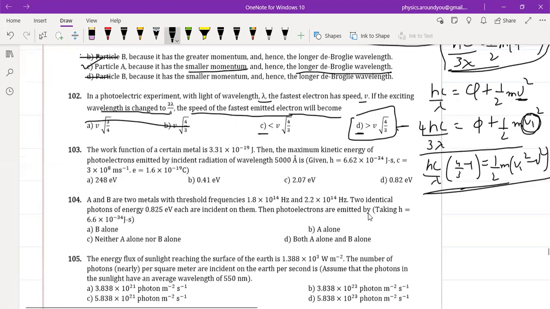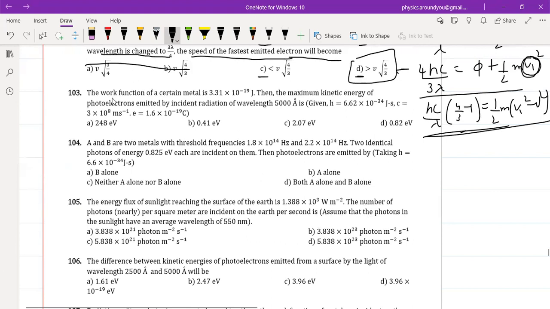Now going to 103. In 103, the work function of a certain metal is given. The maximum kinetic energy of photoelectrons of a given wavelength is asked. Okay, maximum kinetic energy of photoelectrons emitted. How do I get that from the work function? Well, Einstein's photoelectric equation: hc by lambda is equal to phi plus max kinetic energy.